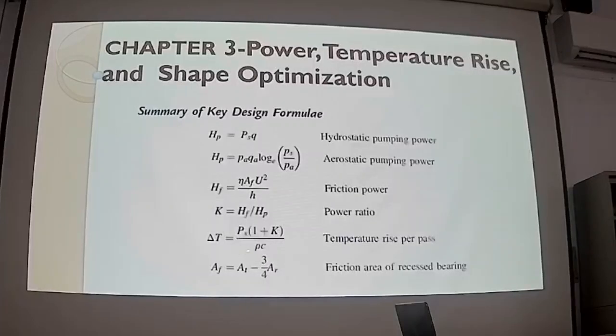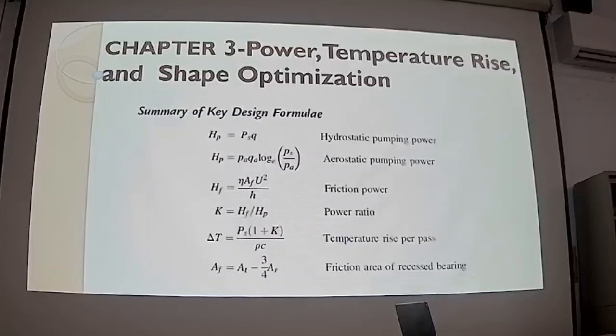If we don't cool down the lubricant, what is the temperature rise for your system? Usually you will have, I think, 20 to 30 degrees. Most of the case, temperature rise under the operational speed.